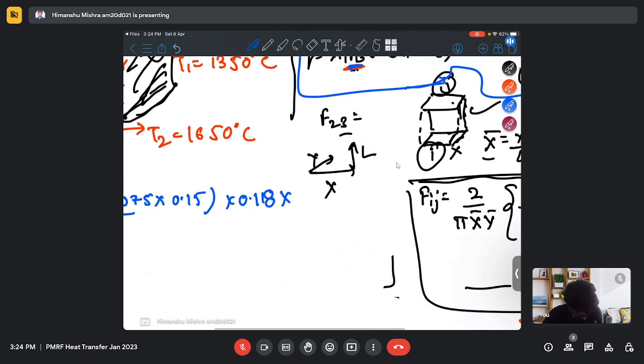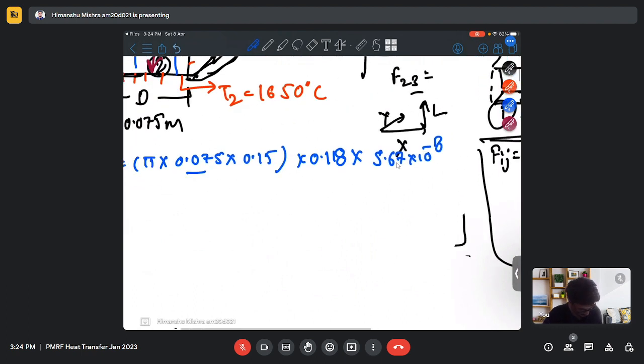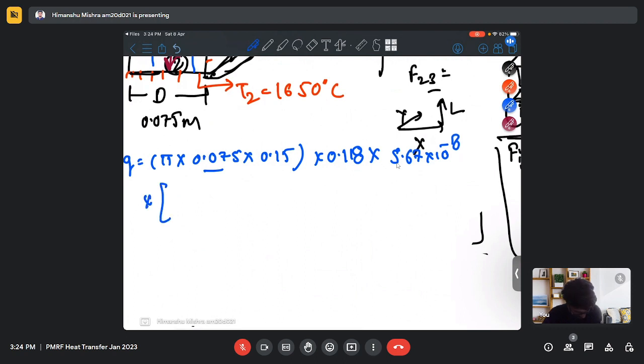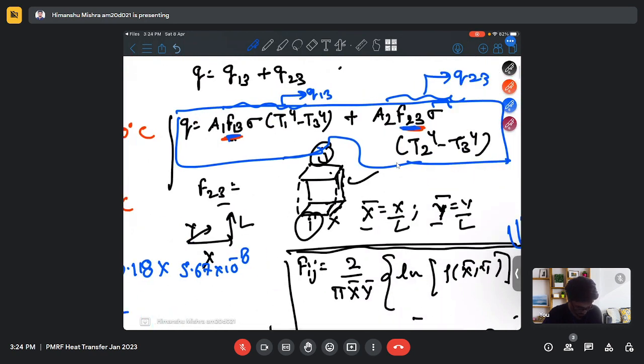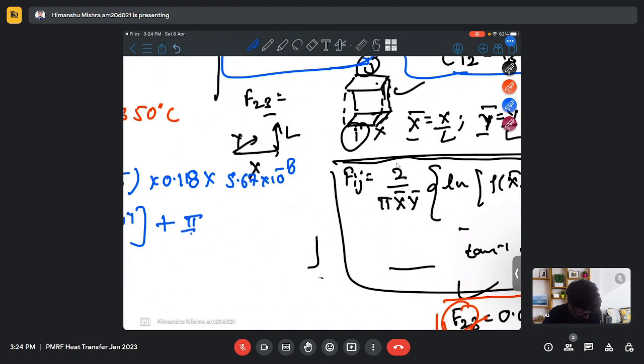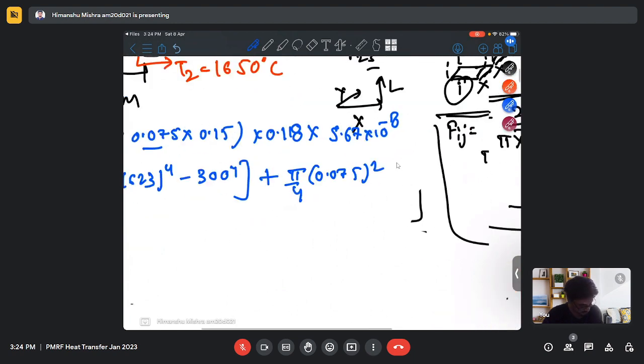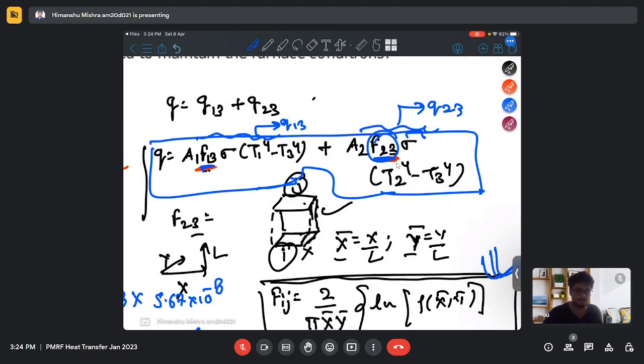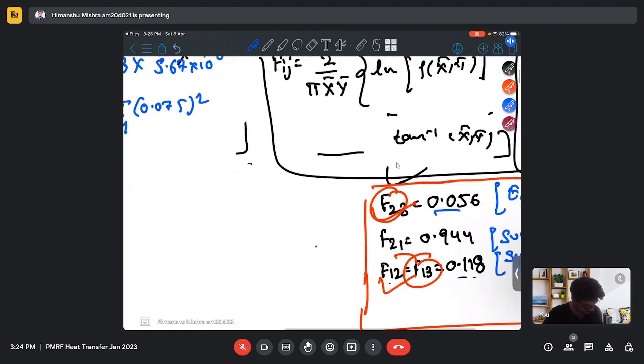and my Stefan-Boltzmann constant is 5.67 times 10 to the power minus 8 watt per meter square Kelvin to the power 4. And my temperature in Kelvin will be 1623. This is my surrounding temperature. And similarly for surface 2-3, this is my cross-sectional area, pi d square by 4, multiplied by the shape factor F23, which is 0.056.